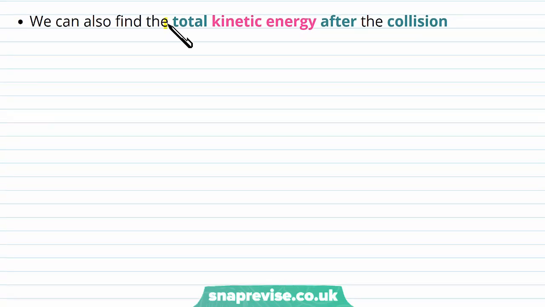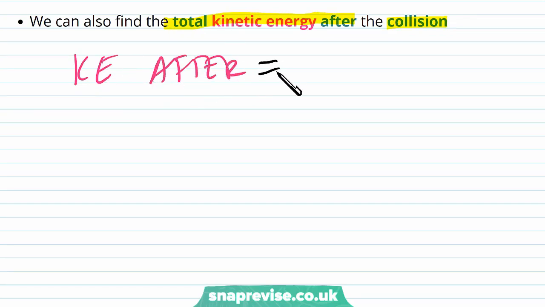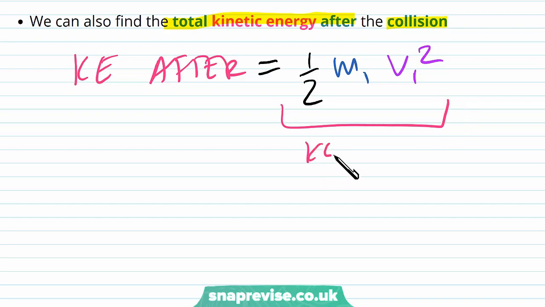We can also find the total kinetic energy after the collision. The kinetic energy after the collision is going to be given by the kinetic energy of the ball that has a velocity 5 meters per second, because the other ball is stationary, so that has no kinetic energy. So the kinetic energy after is therefore given by a half m1 v1 squared, and that's the kinetic energy of the moving ball.